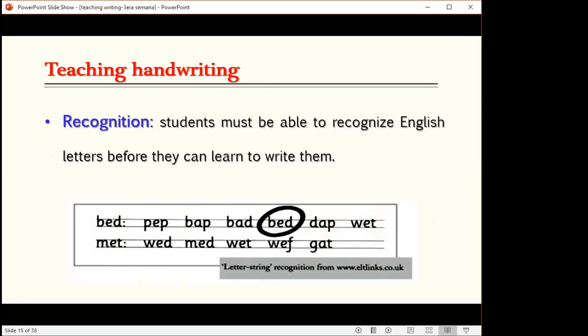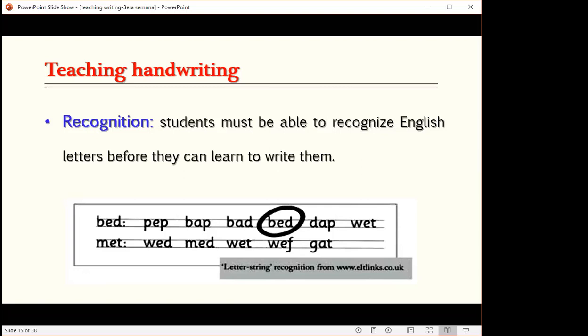For example, this is one of the examples. Letter string recognition. Yeah? So they are going to start recognizing, and notice this is from a very beginning level, the starter level. They are going to recognize, yeah, bed, B-E-D. The circle, this is at the beginning.